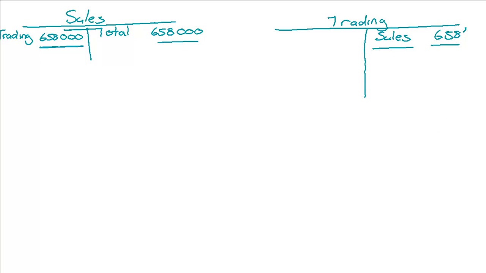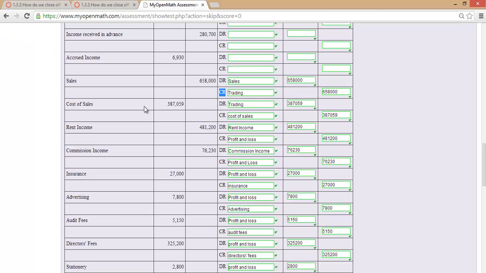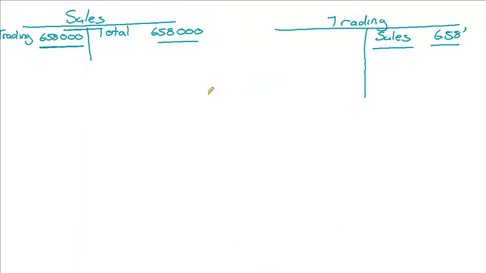Good. Let's look at the next one, cost of sales. This is now just the opposite. Instead of having a credit, we're going to have a debit. Right, so to close off a debit total, we need to record a credit against that specific account. Cost of sales is a debit, so to close off that debit, we need to record a credit. Let's have a look. So I've got my cost of sales account here.